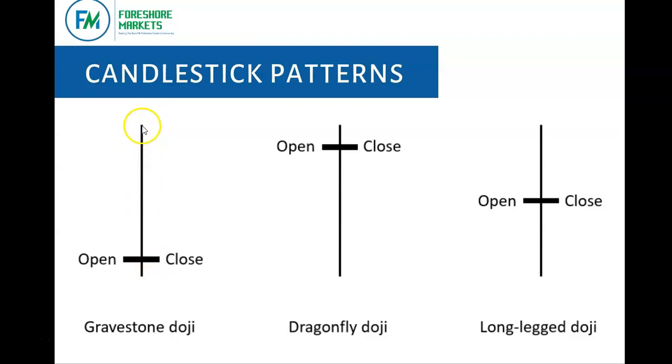But when the price got this high, some stronger bears came into the market and sold so hard that they pushed the price back down to the initial starting point, so that the price opened and came back and closed at the same price. That is your Gravestone Doji.